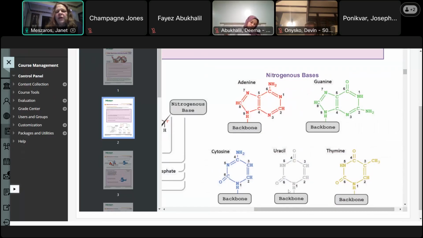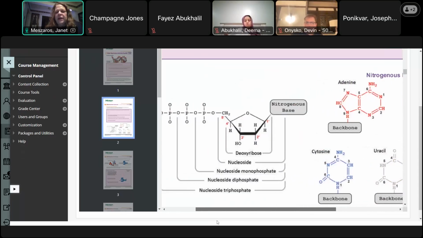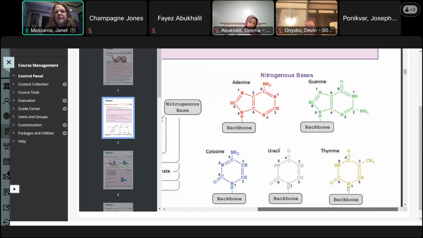With RNA, if we were talking about RNA, you would have a different sugar called ribose. Just for the sake of it, because we'll be on RNA next week, this would be ribose instead of deoxyribose. Got the phosphate on it still, no big deal. But the nitrogenous bases for RNA could be adenine, guanine, cytosine, or uracil.